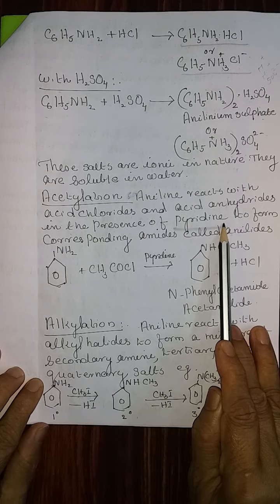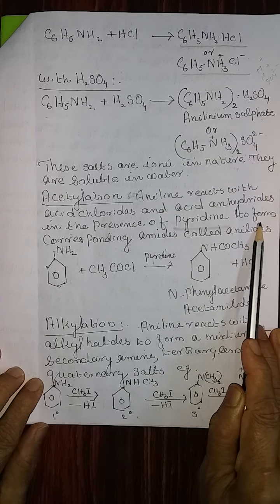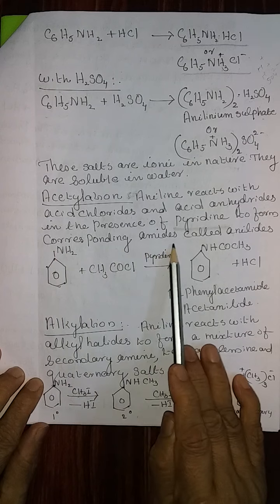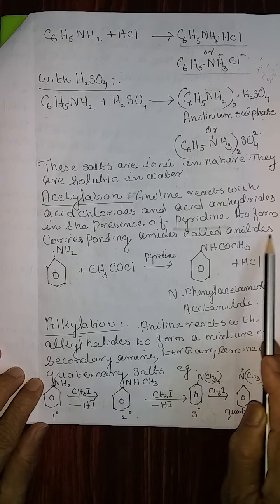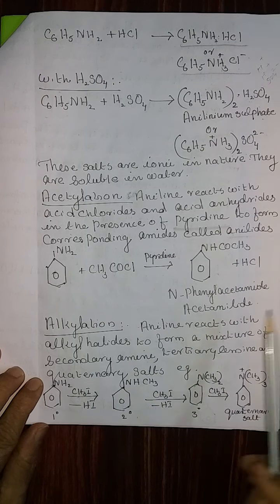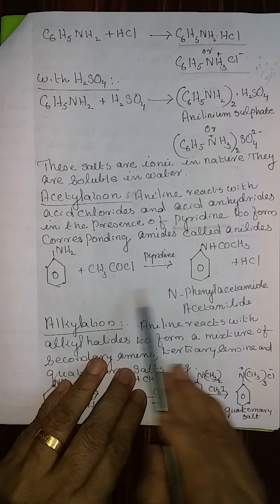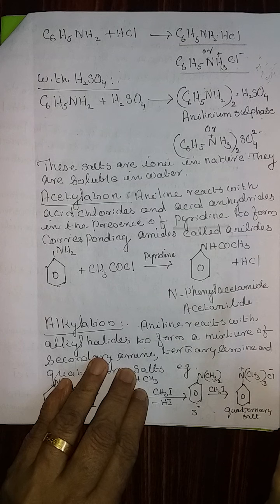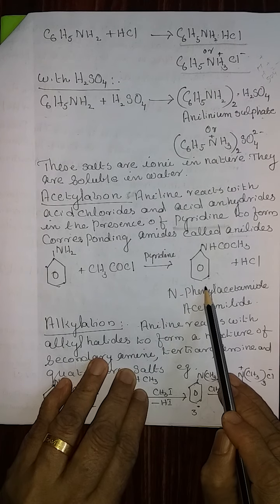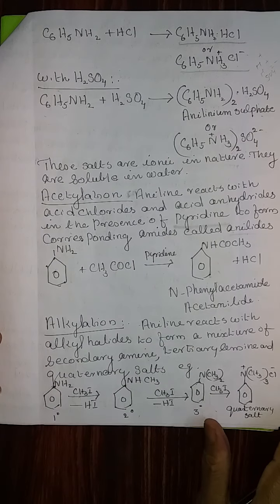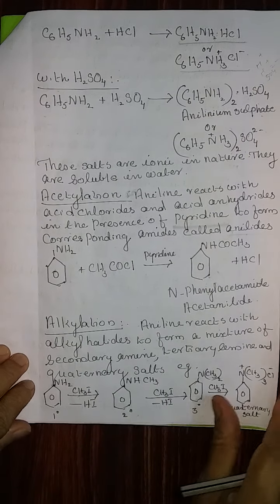Above the arrow mention pyridine, to form corresponding amides called anilides. These names you can look up and write below the compound. First, find out the compound. Since you studied the mechanism, it is better to apply that mechanism here and find out the products, even for alkylation.